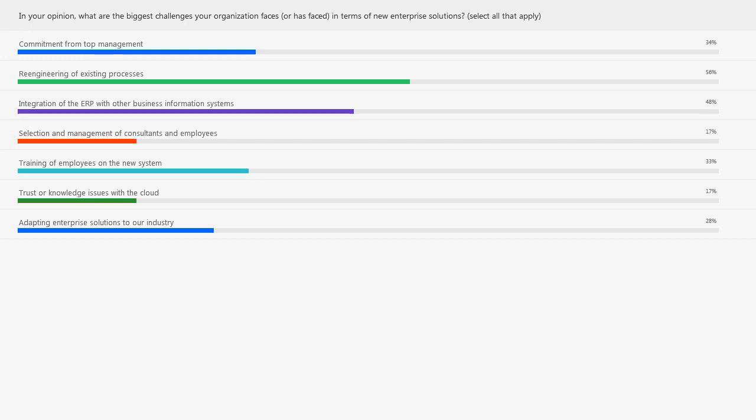One of the reasons why ERP system deployments do fail is lack of proper change management and commitment by the stakeholder. So these are all true statements, but we're going to focus for now on what considerations you should have in adapting an enterprise system to your industry.